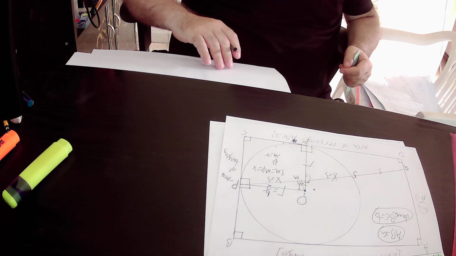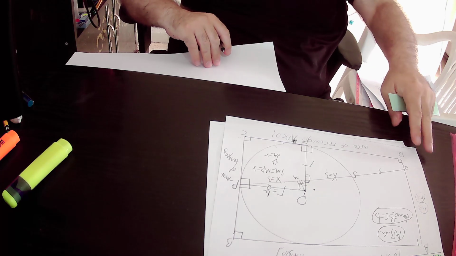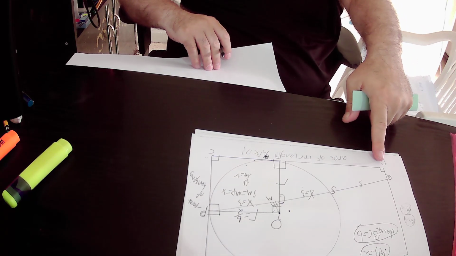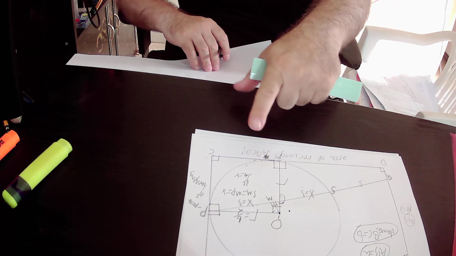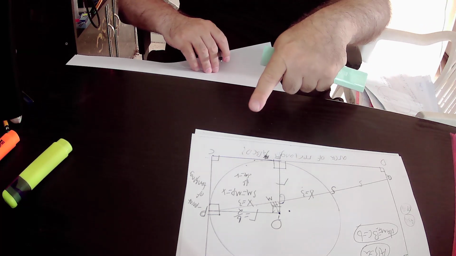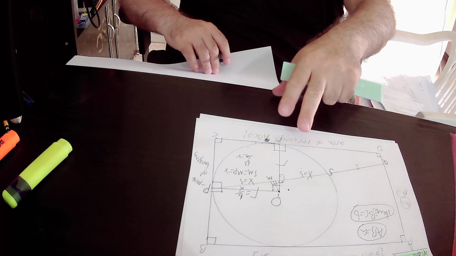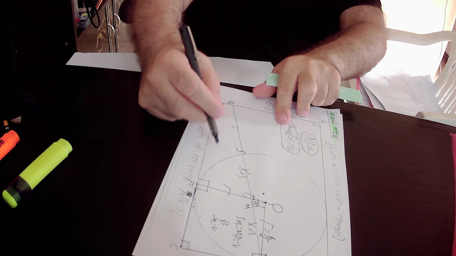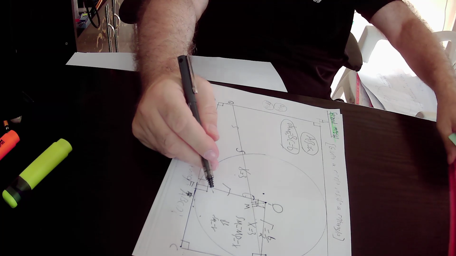Okay. In the next step, from point Q, we go perpendicular on BC. Again, from point Q, we go perpendicular on BC.